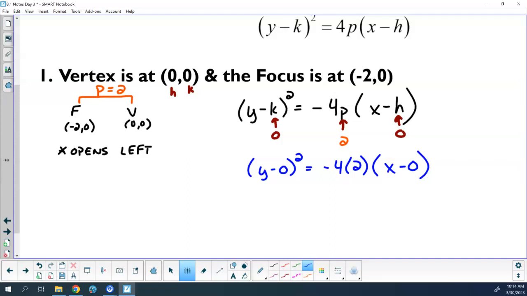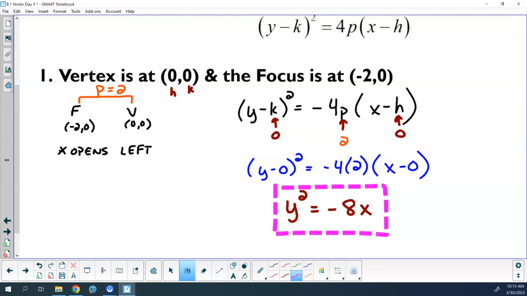Now that step you probably won't do, but that's me filling in all the stuff because I have to teach you. You'll probably jump right to, well, this part, y minus 0 quantity squared, that's just y squared. Negative 4 times 2 is negative 8. X minus 0 is just x. And that is the equation for a parabola that has its vertex at the origin and has its focus at negative 2 comma 0.